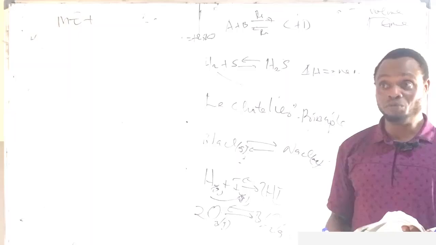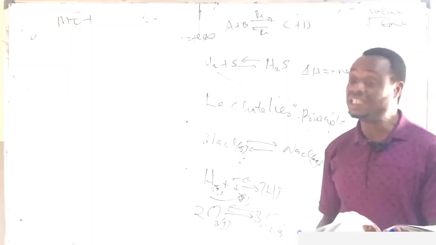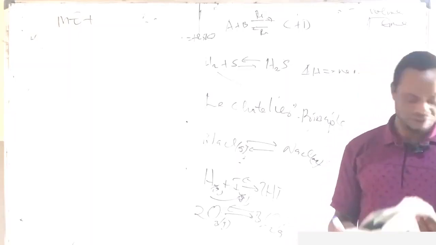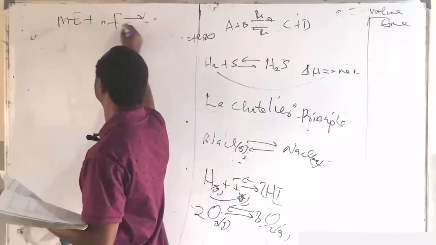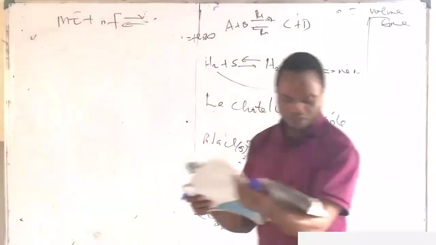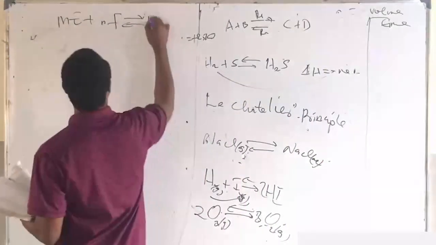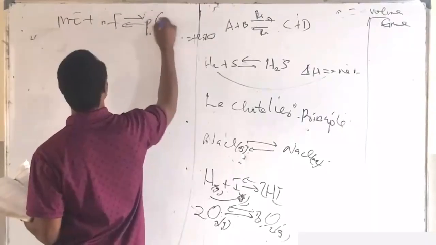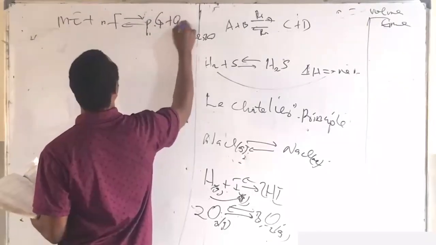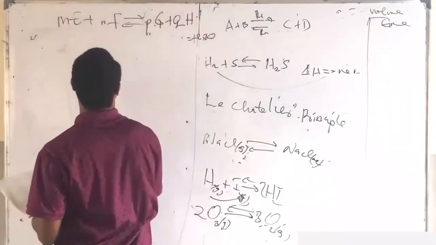Number of moles of A, the reacting species. Plus nF. Then that other is pG plus qH.